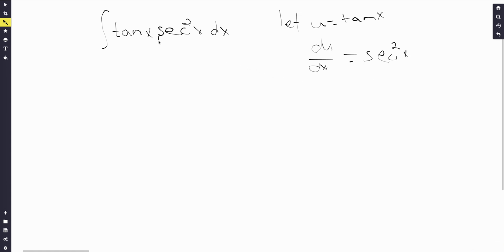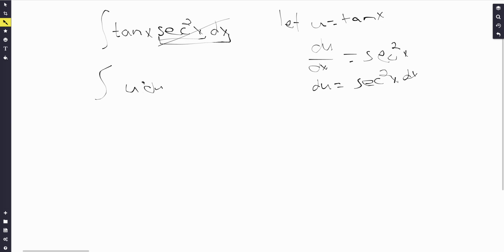Well, we have a secant squared x right here too, so that makes our substitution even easier. So we would isolate the du again, so du is equal to secant squared x dx. Well, we can already see we have the secant squared x dx term right here, and we let u equal tangent x, so this basically cancels out, so we can rewrite this as the integral of u du.